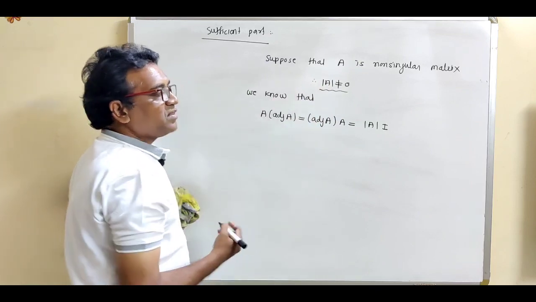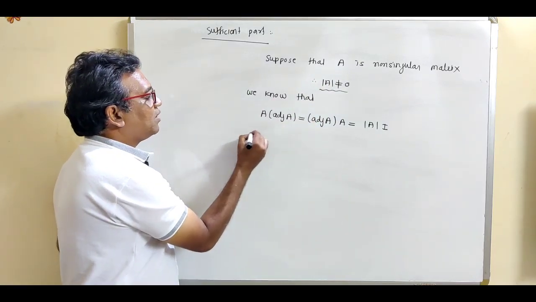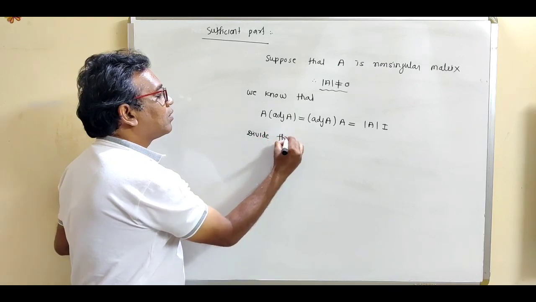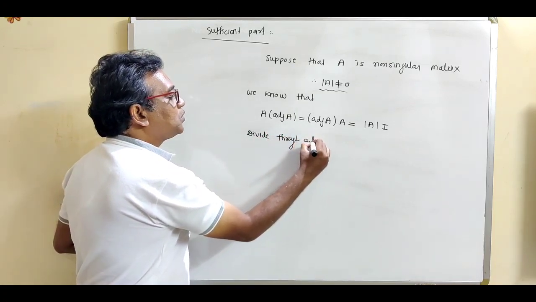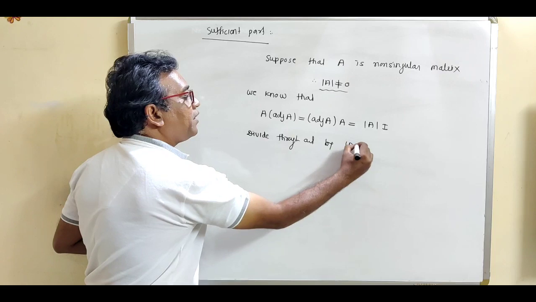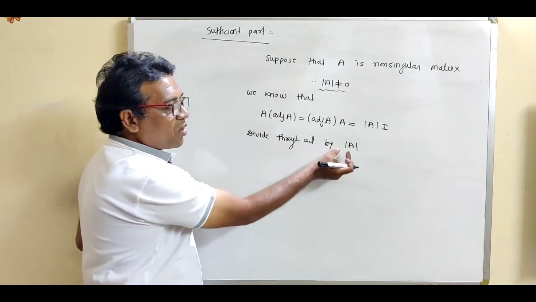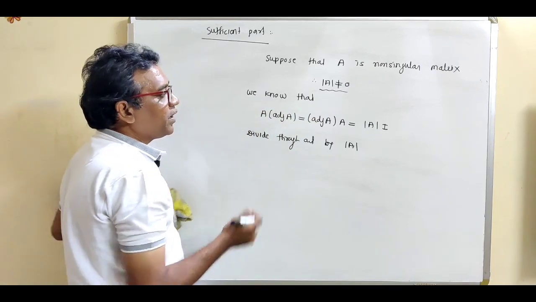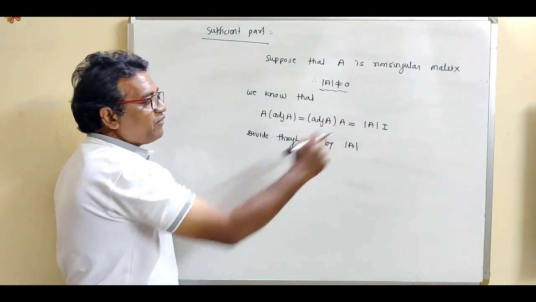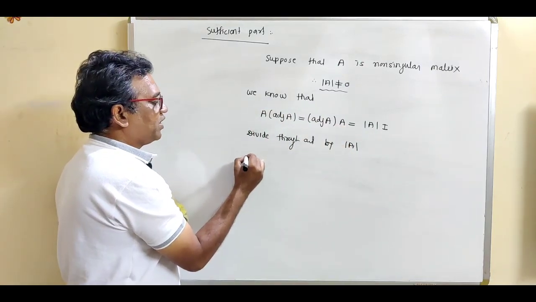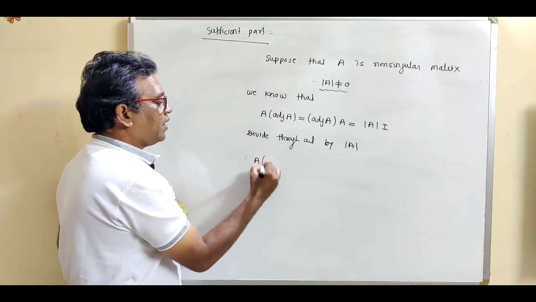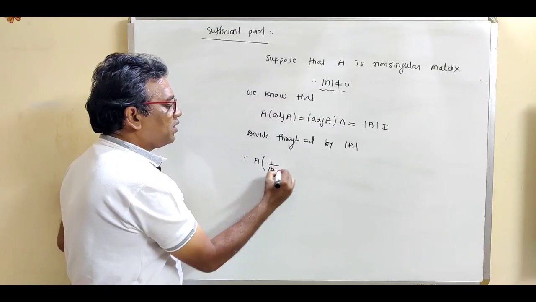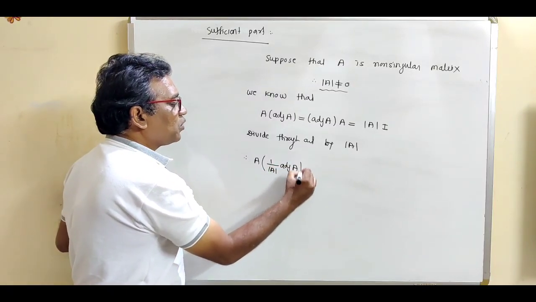So let us divide throughout by determinant of A, because this is a non-zero number. So divide every term by determinant of A. So we get A into, now divide this first term by determinant of A, into adjoint of A as it is.